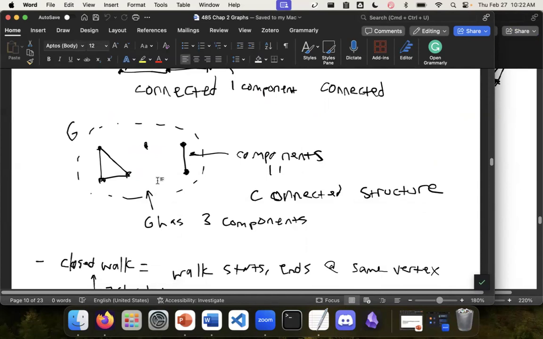When a graph is disconnected, but still all together in a graph, we call those separate things components. So these are connected components because the triangle is one component, the vertex is one component, this path of length 1 is one component.